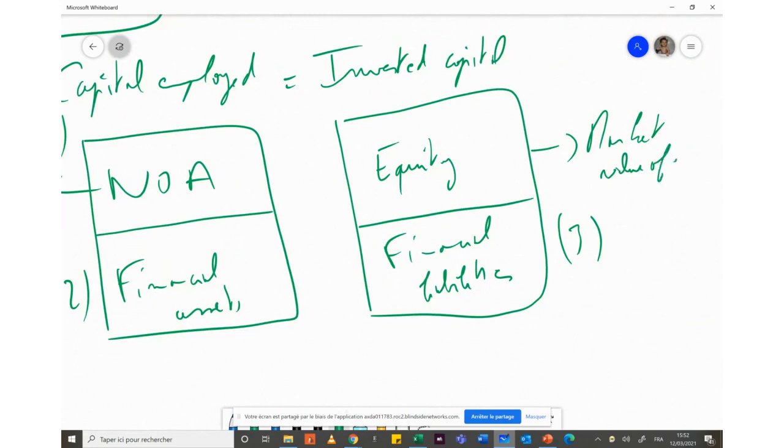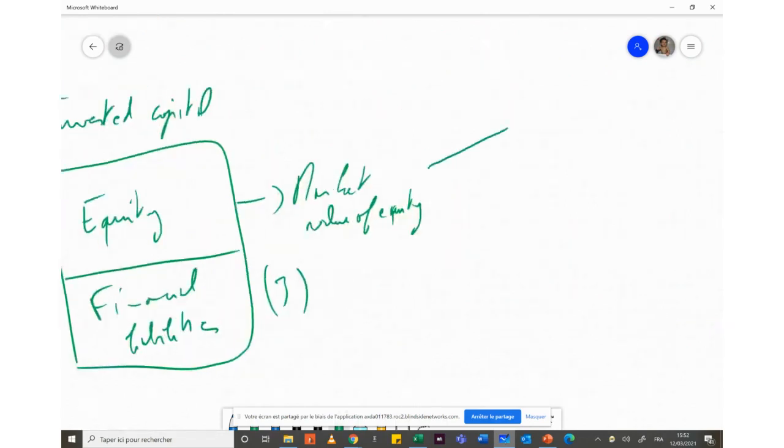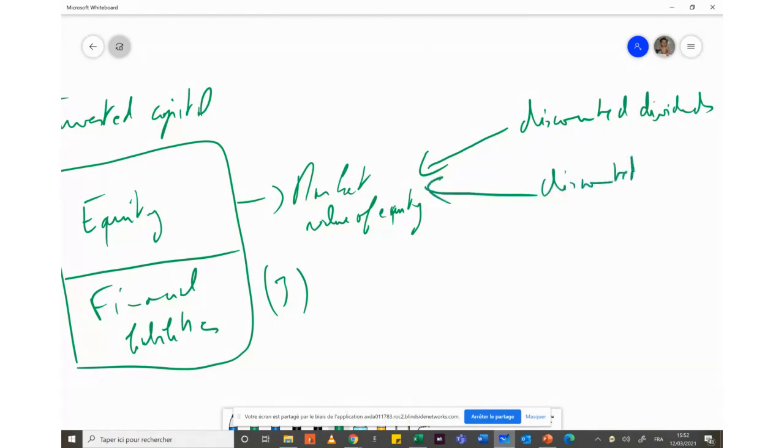So we can have direct methods in order to have the market value of equity. The direct methods to have the market value of equity are the discounted dividends and the discounted free cash flow to equity.